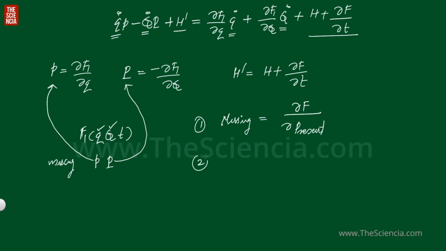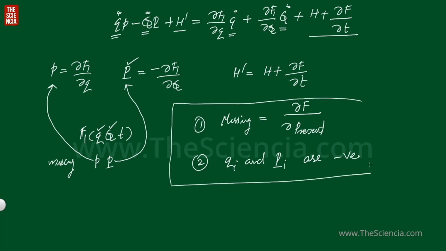And one more thing, for small qi and capital Pi, the signs are negative. See, this one is capital P, so its sign is negative. So by remembering these two conditions, you can memorize all the generating functions, that is f1, f2, f3 and f4.